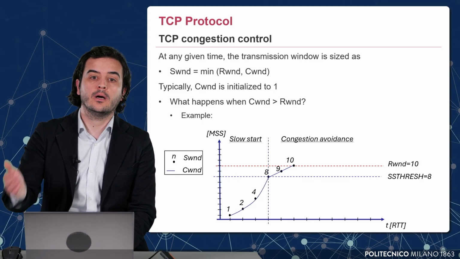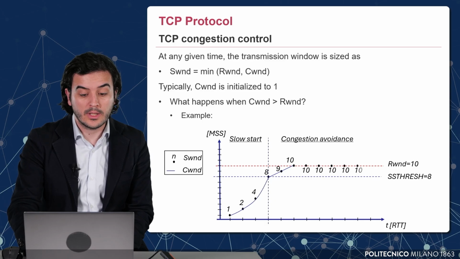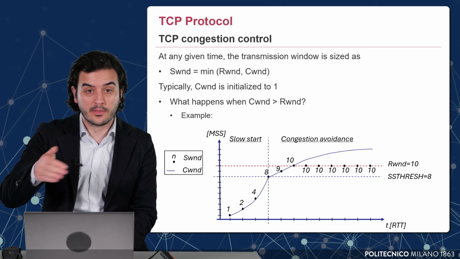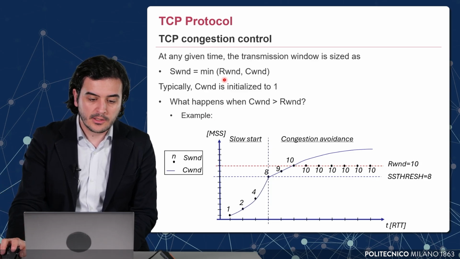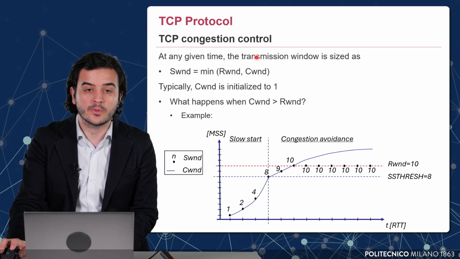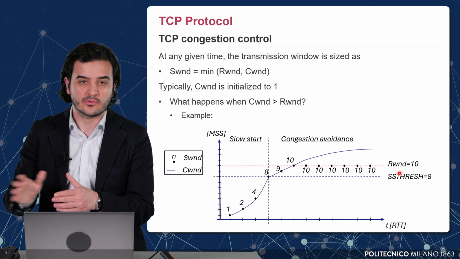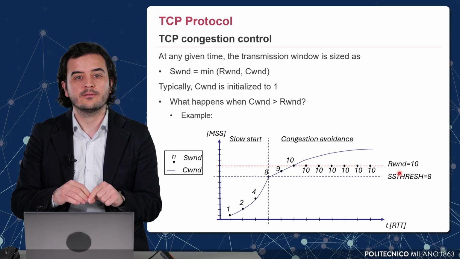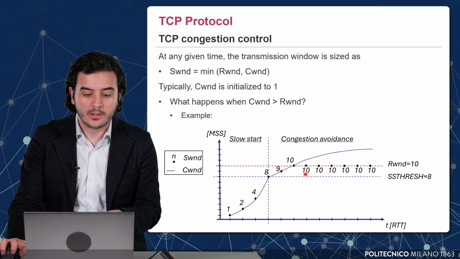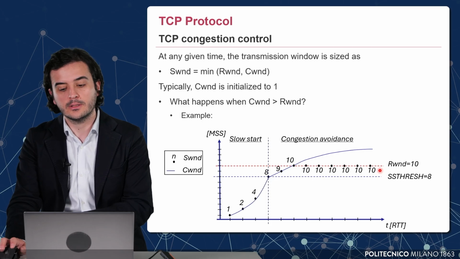So even though we are in the congestion avoidance phase, in which the congestion window itself can continue to increase linearly, to 11, 12, 13, 14, and so on, because the value of the receiving window is fixed to 10, the value of the transmission window will be fixed to 10, and there will be 10 segments which are continuously transmitted. This is why before we identified the transmission as being continuous, because as of this moment there are 10 segments continuously transmitted between the TCP transmitter and the TCP receiver.